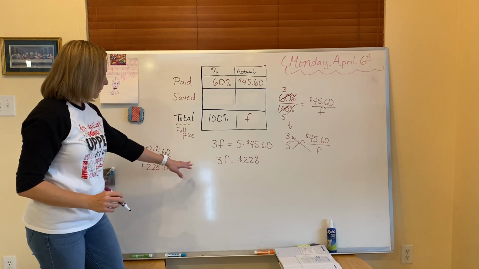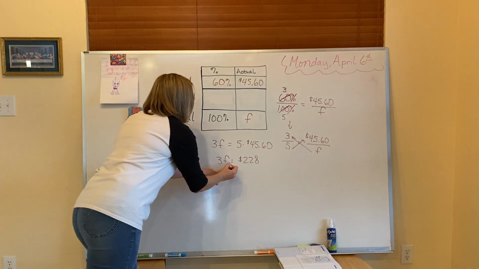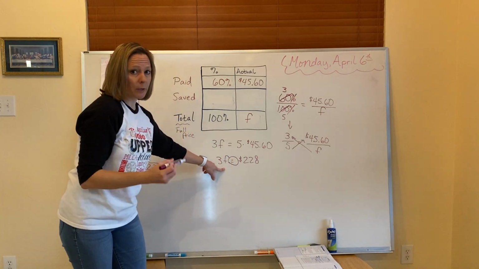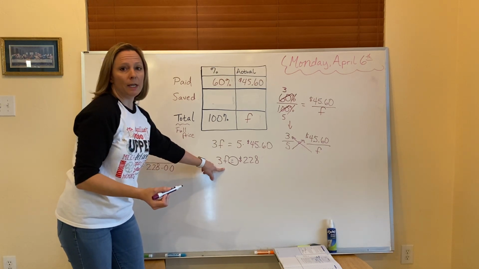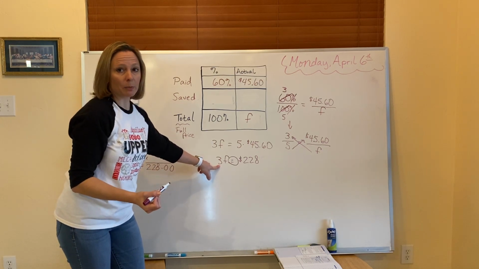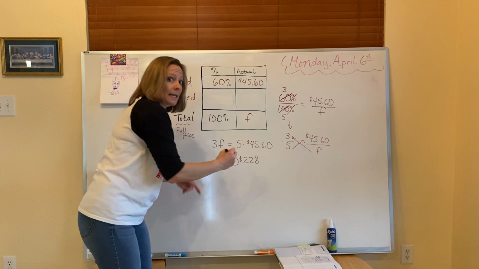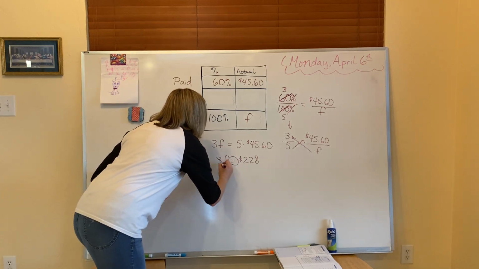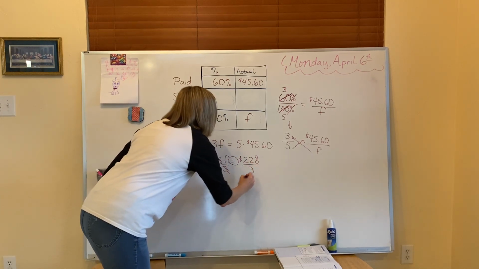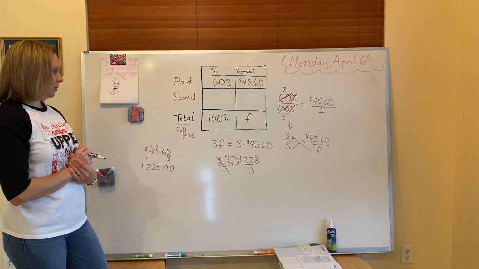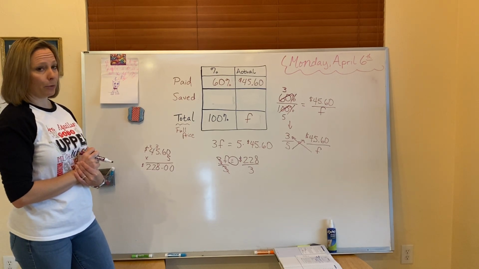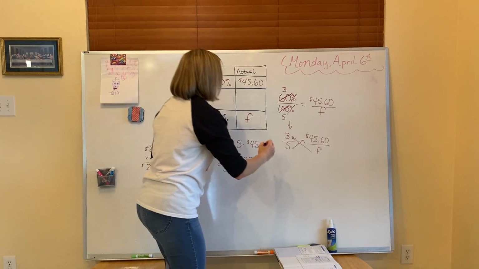So to get F on one side of the equal sign by itself, what do we need to do? We need to divide instead of multiply by 3 on each side. So now we have F is equal to 228 divided by 3. Let's do the math.